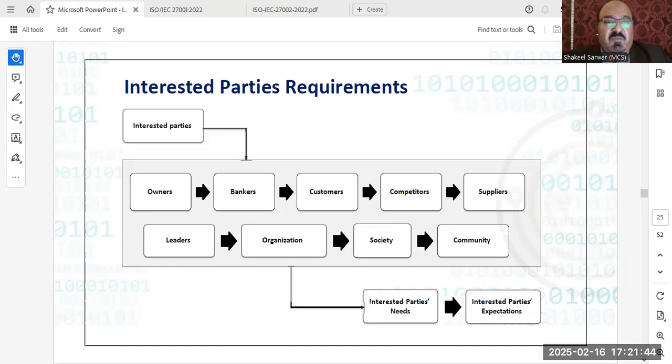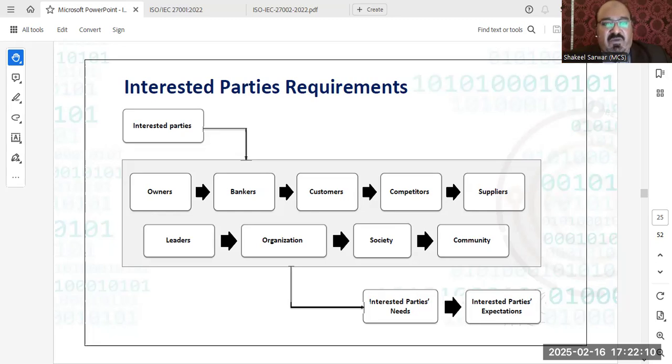Competitors may require ethical conduct in handling competitive intelligence, prevention of industrial espionage, and unauthorized access to proprietary data. Impact could be that a secure ISMS can prevent unfair practices and maintain the organization's market reputation.